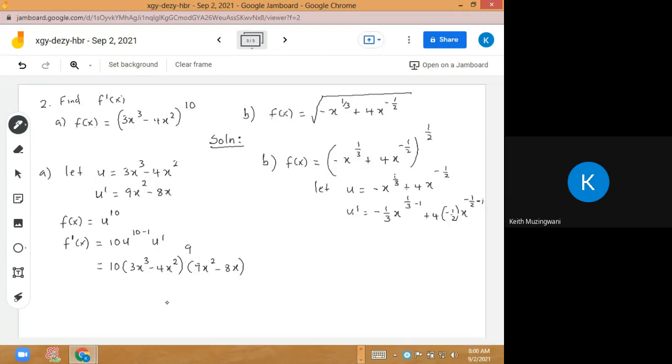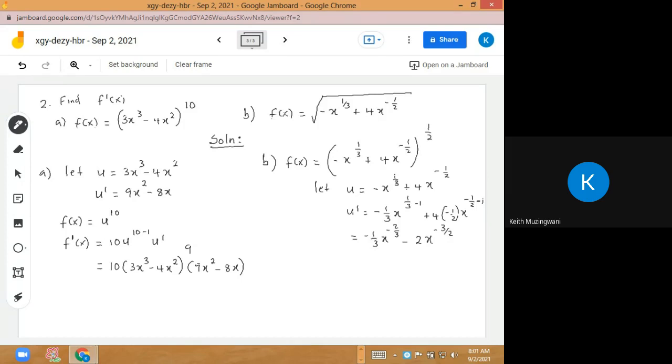We simplify this, we get negative 1 over 3 x to the power negative 2 over 3 minus 2x to the power negative 3 over 2.